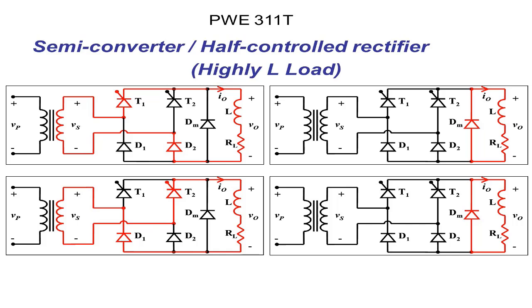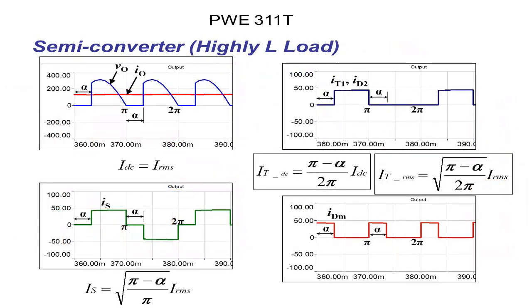If you have a highly inductive load, we can have waveforms which are a little bit different, and the source current will be different also. If you want to calculate the source current for a semi-converter with highly inductive load, IS will be the square root of pi minus alpha over pi multiplied by IRMS.